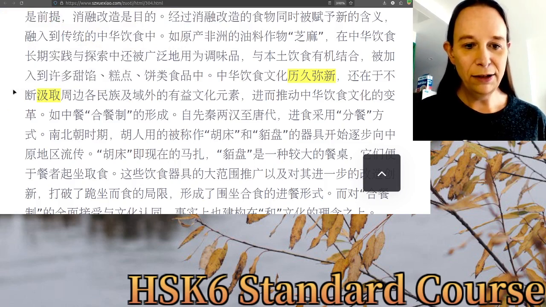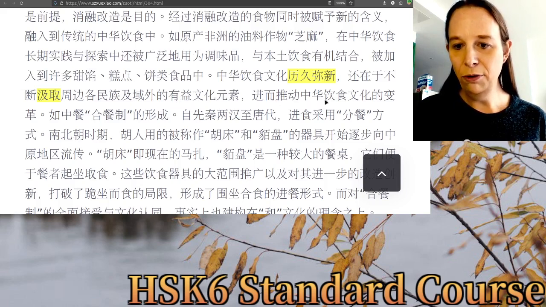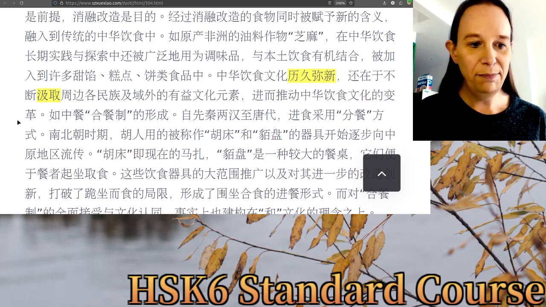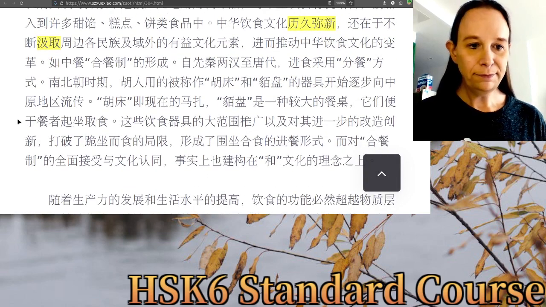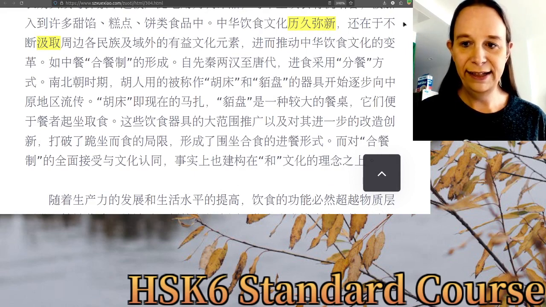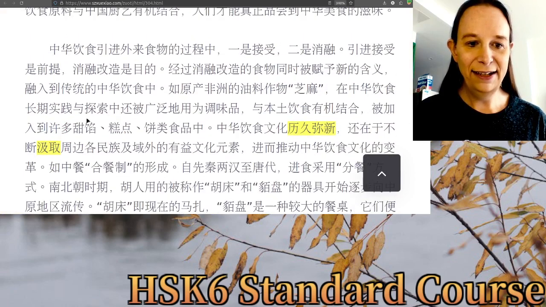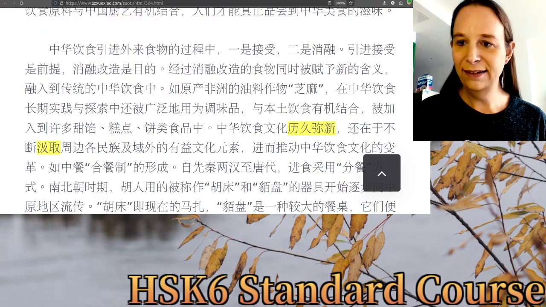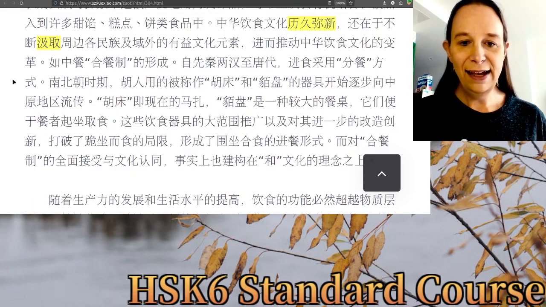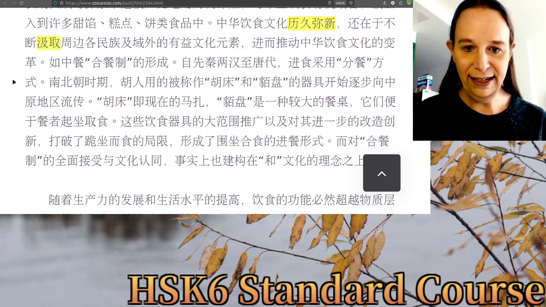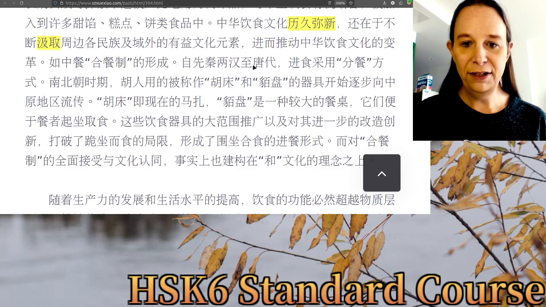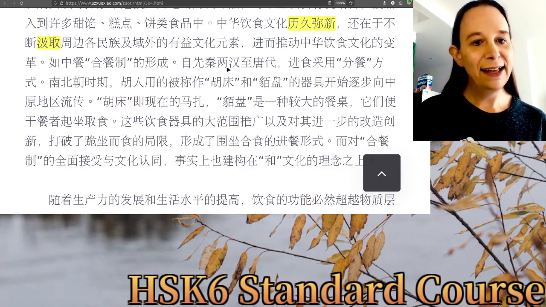周边各民族及域外的有益文化元素，进而推动中华饮食文化的变革。如中餐和餐制的形成。So this is eating together or something, right? 和餐制。OK, 自先秦两汉至唐代。两汉 there's two Hans.